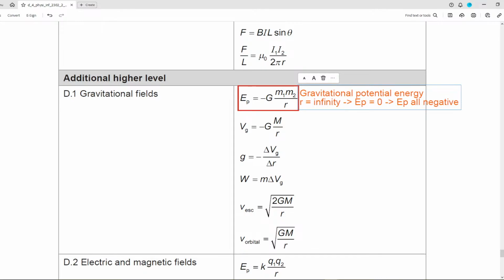And if we consider just how much potential per test mass, we take EP over mass. So we get a second one. The second one, of course, is called gravitational potential.